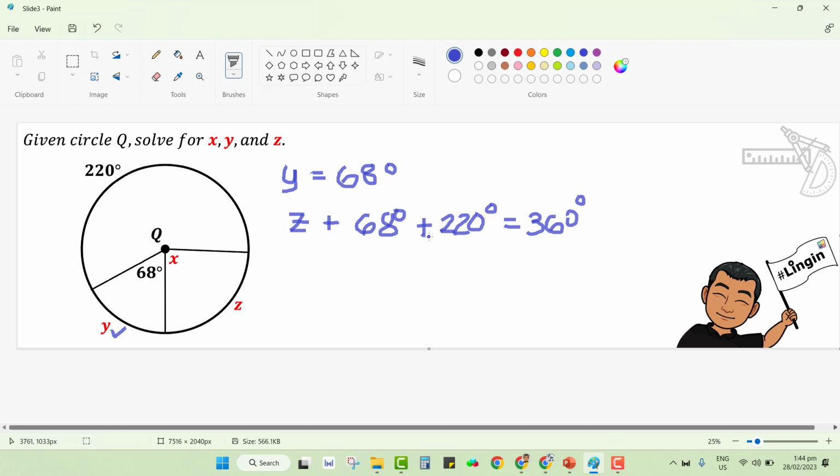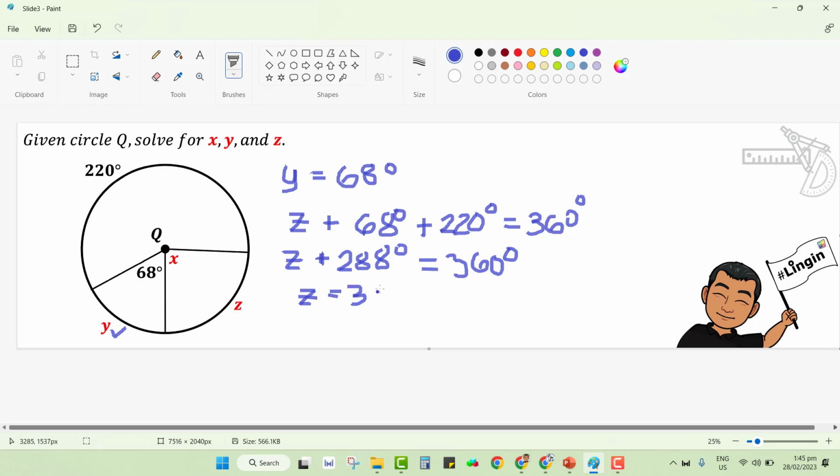With this equation, we can solve for the value of the unknown arc labeled z. So z plus 68 plus 220, which is 288 degrees, must be equal to 360 degrees. Then by subtracting both sides by 288 degrees, you will get the result for z.